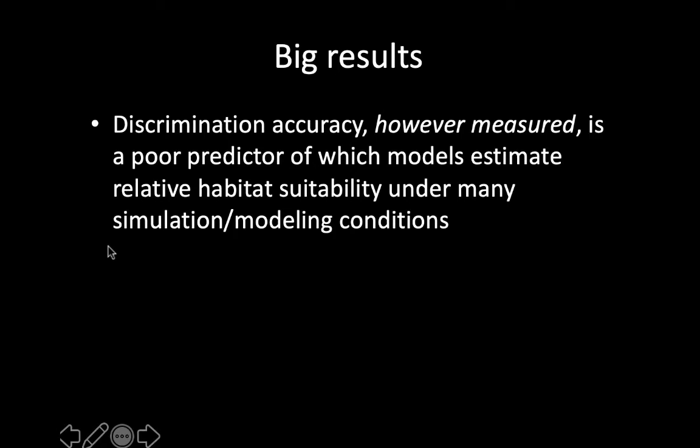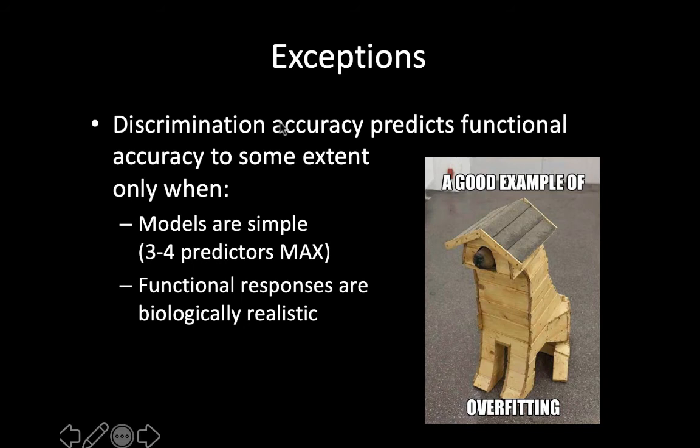The one set of conditions where we found discrimination accuracy was arguably a usable predictor of calibration, or the ability to predict habitat suitability, was when models are kept very simple, so 3 to 4 predictors maximum, and the functional responses you're fitting are biologically realistic.